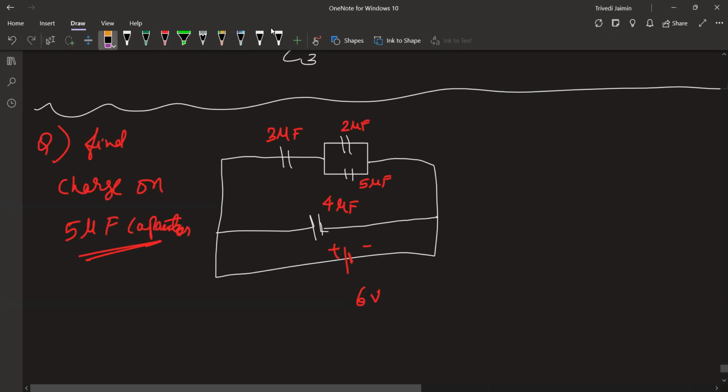They will ask across 5 microfarad. Sai, sir, what will we do here? They will ask across 5 microfarad. Any idea?